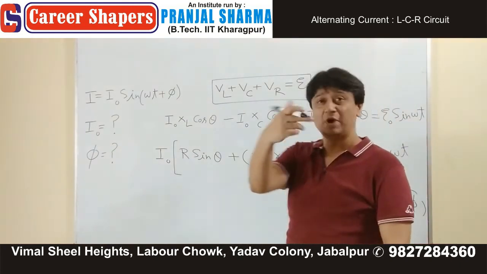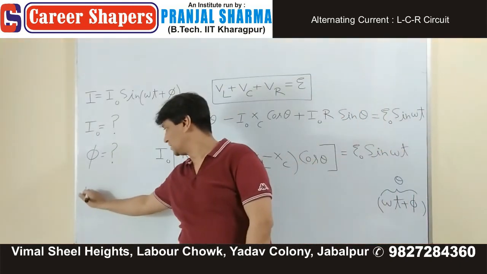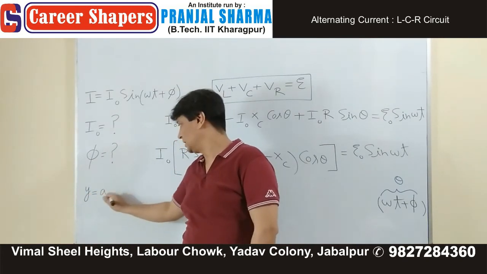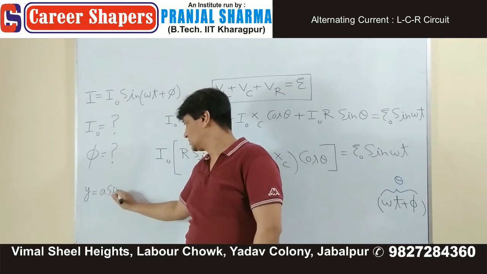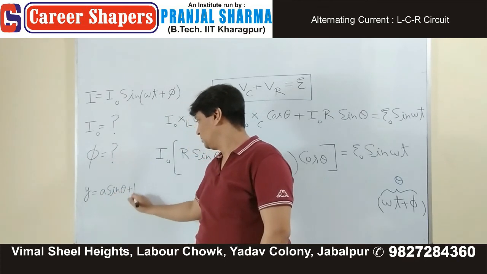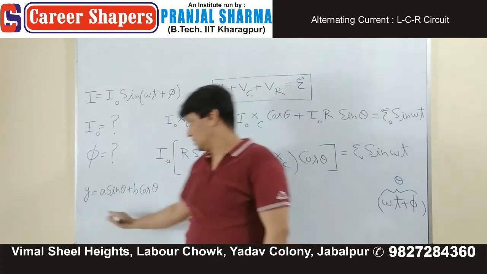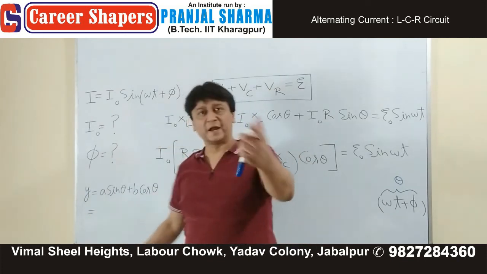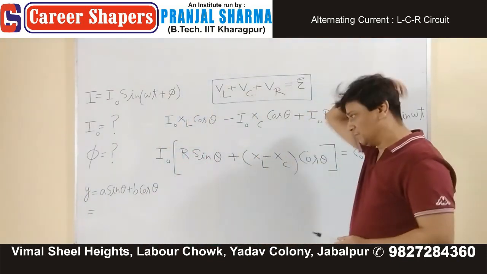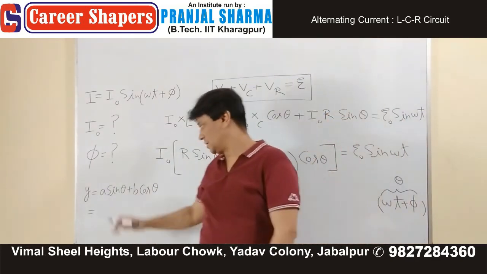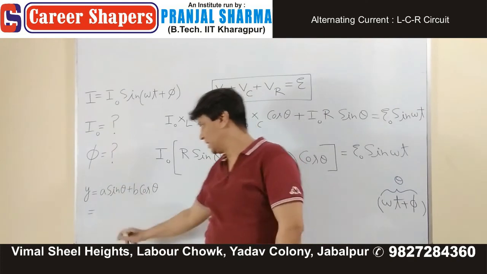I hope you remember something like this. If I have got y, which is a sine theta plus b cos theta, those who have taken bio, even they must have seen this when they were taught vectors and all. If you have not, look here fast.